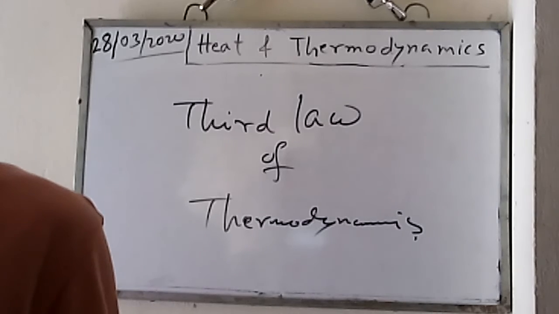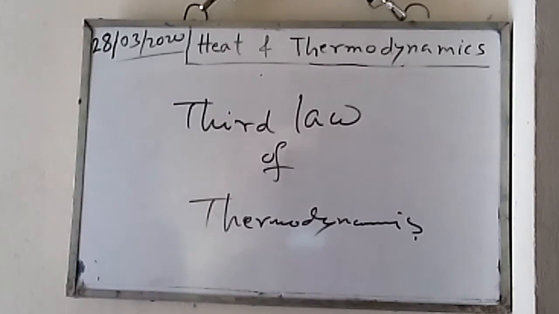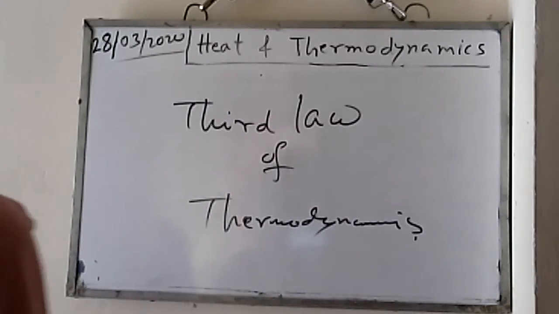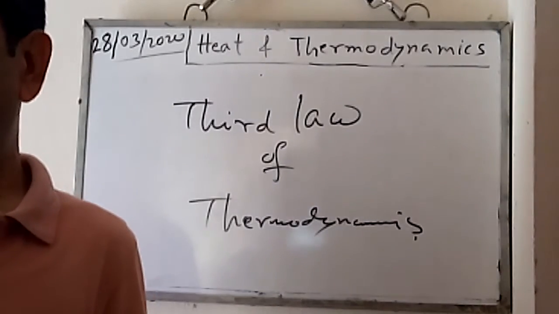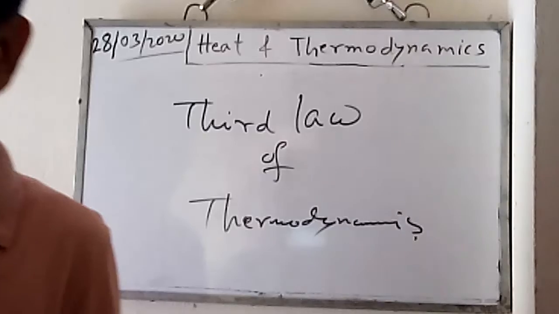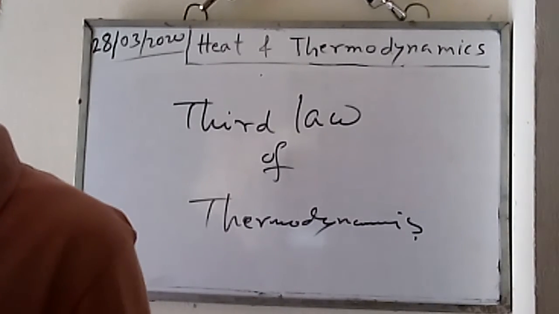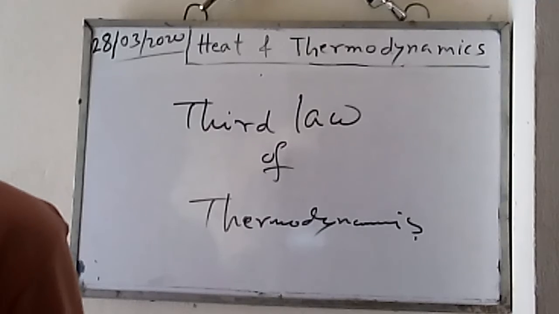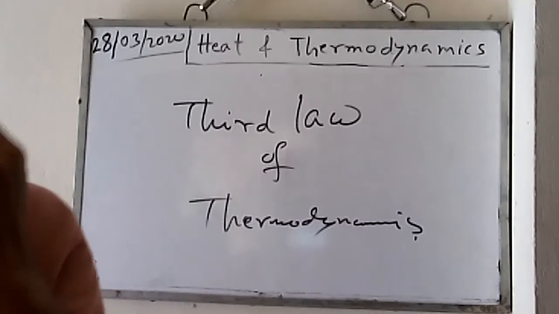Therefore, we cannot reach the temperature of absolute zero for a system. So the system never obtains absolute zero. For this reason, this state is not physically possible, but it is a mathematical limit of the universe.